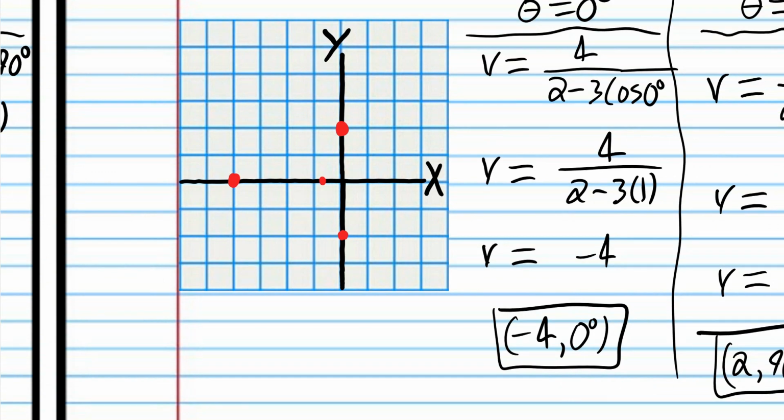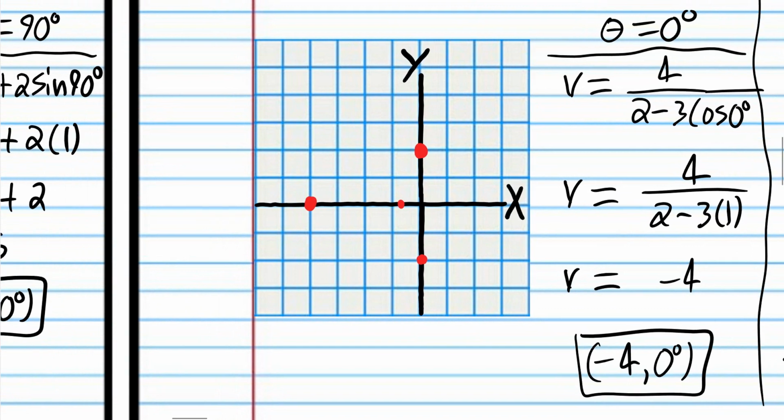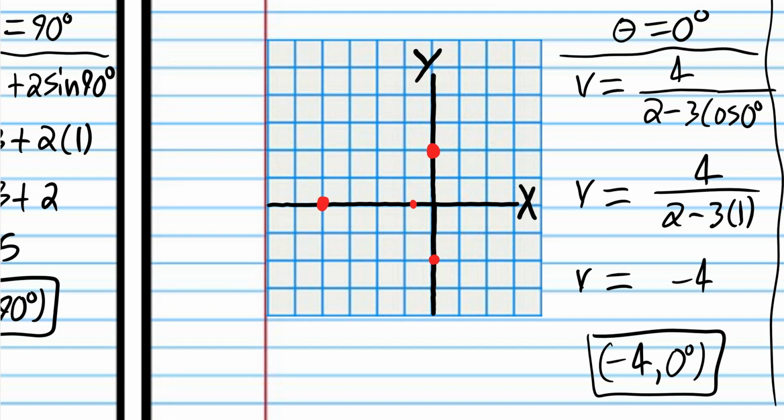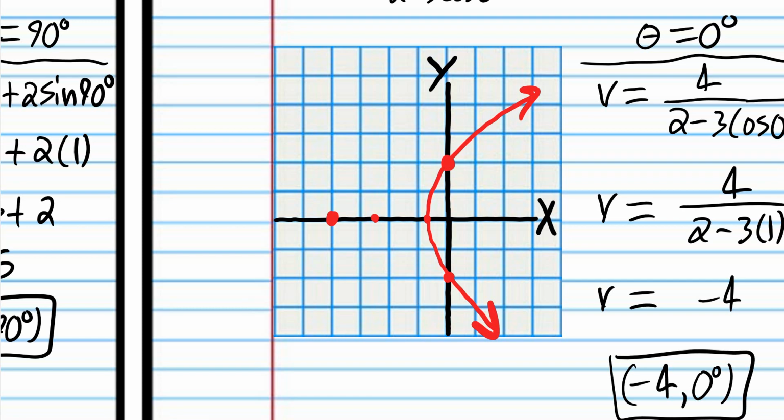Okay, so if your calculator turned off, press the on button. And we see that the asymptotes seem to be crossing somewhere around here. And so our hyperbola is going to look something like this. Now again, your hyperbola doesn't have to be perfect, and you don't really have to graph the asymptotes.